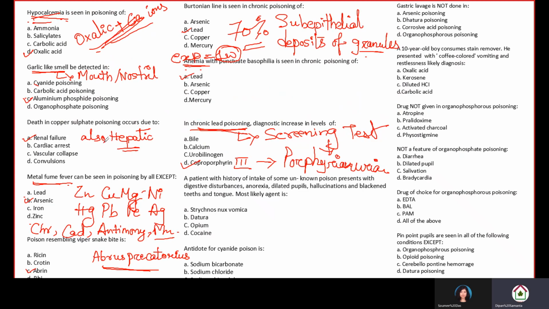Okay, next question. A patient with history of intake of some unknown poison presents with digestive disturbance, anorexia, dilated pupil, hallucinations and blackened teeth and tongue. Most likely agent is, the answer will be cocaine.